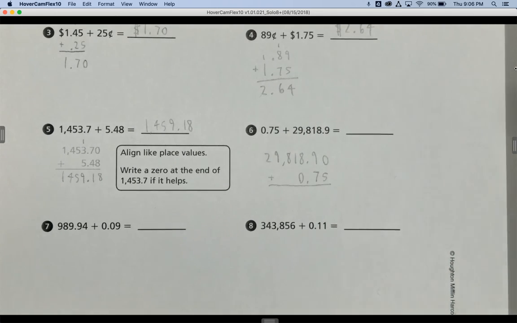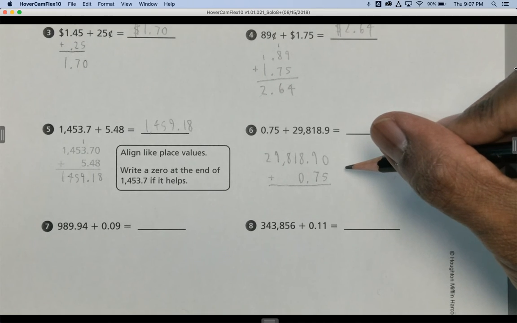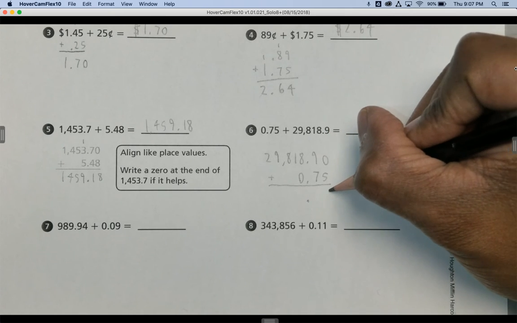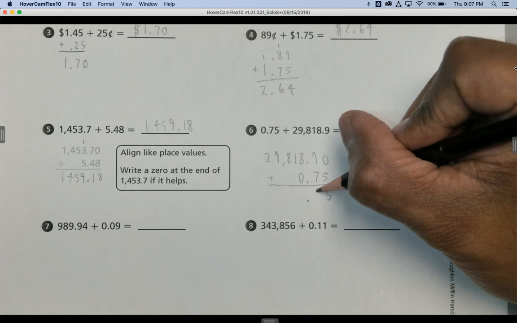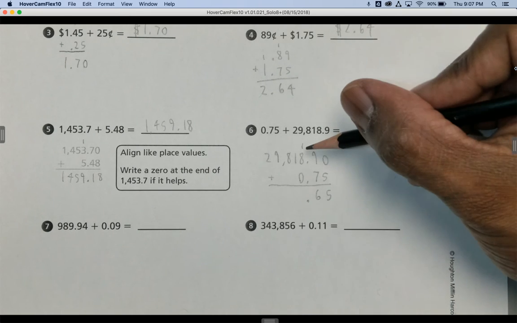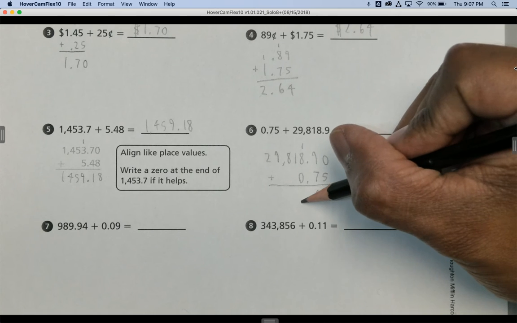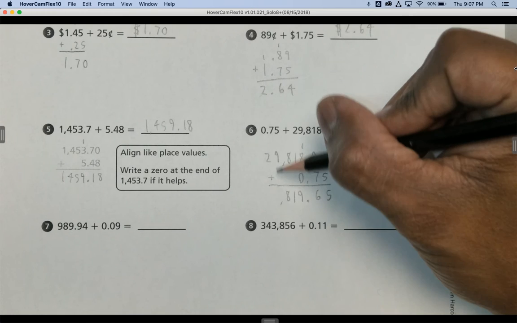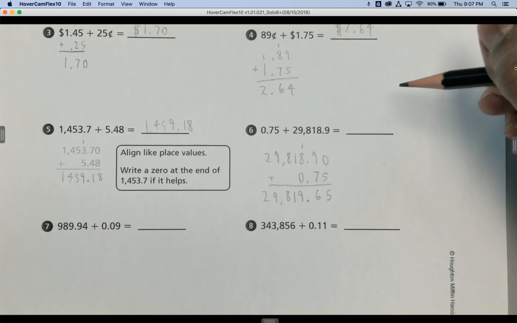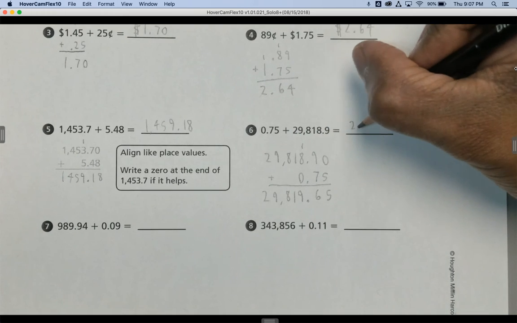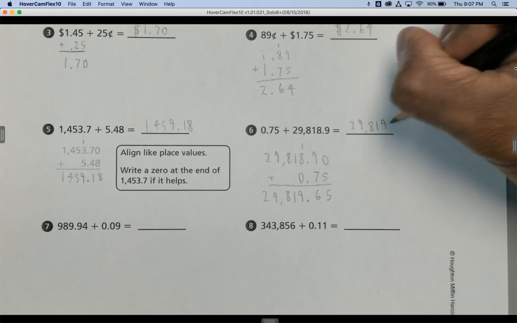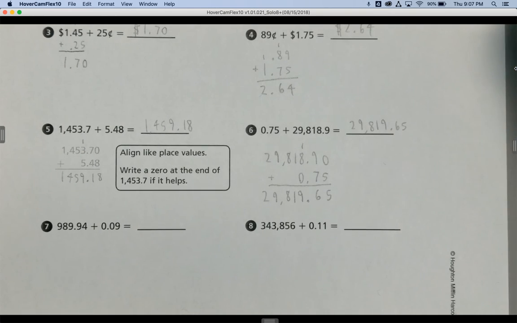At this point, you can pause the video, work it out, and then unpause it. 0 and 5 is 5. 9 and 7 is 16. Carry the 1. 1 and 8 is 9. This 1 comes down. This 8 comes down. And then the other digits come down as well. We get an answer of 29,819 and 65 hundredths.